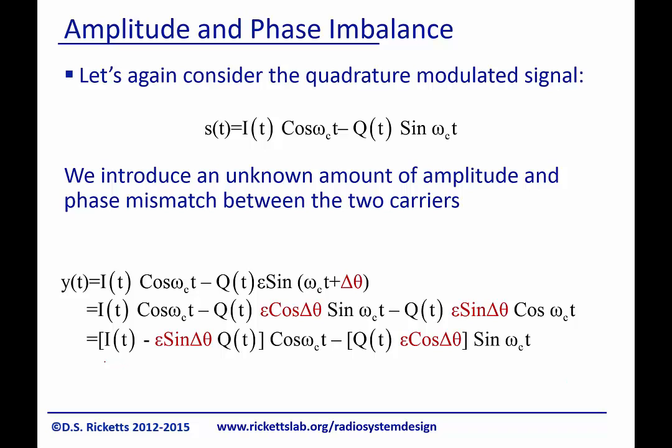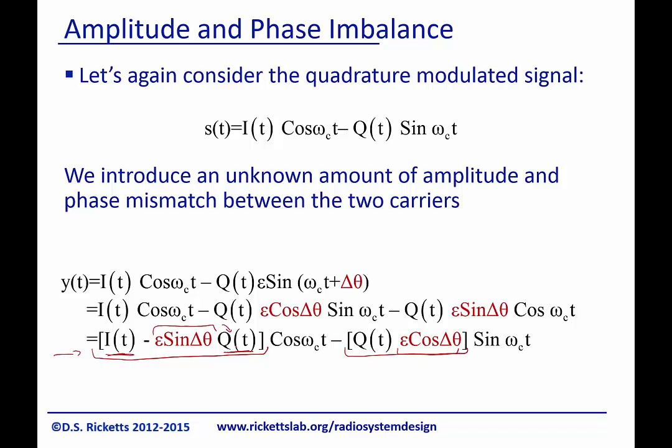And if you work through the math, you can see we suddenly now have a prefactor for the sine and cosine. Here, this looks just like a constant, right? But if you look over here, we actually have this signal, and we've got a Q of t. So now our in-phase signal contains the in-phase and a small portion of the quadrature.